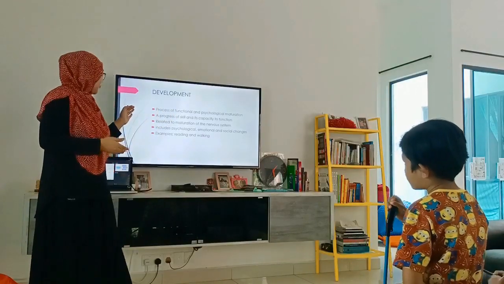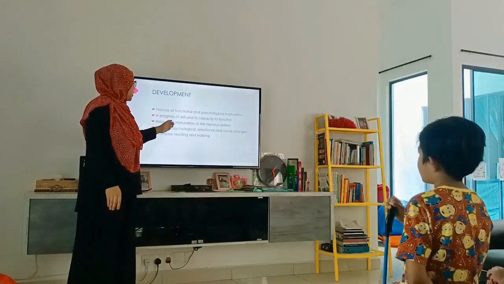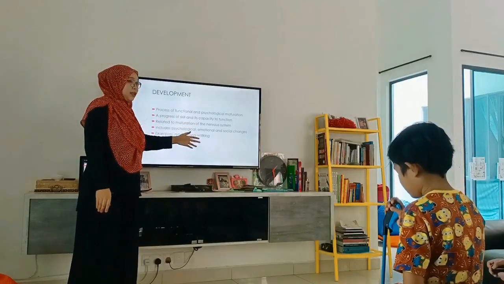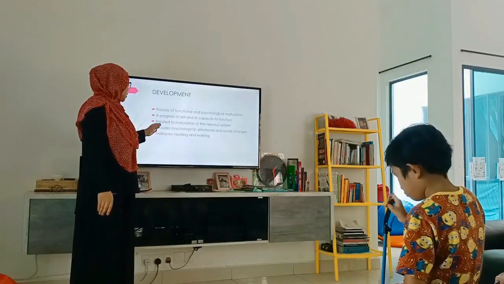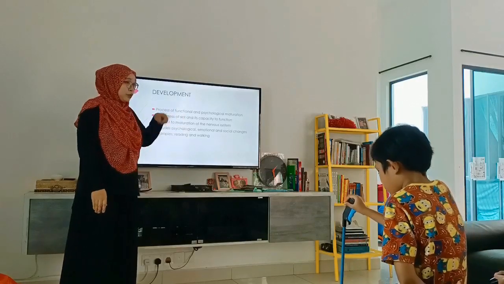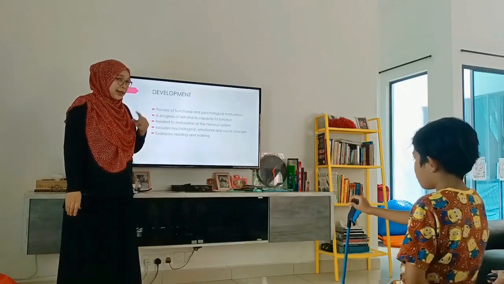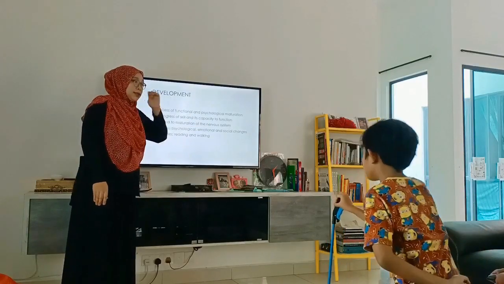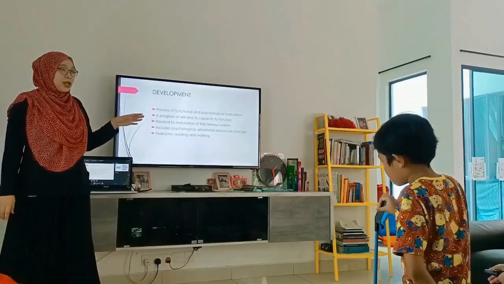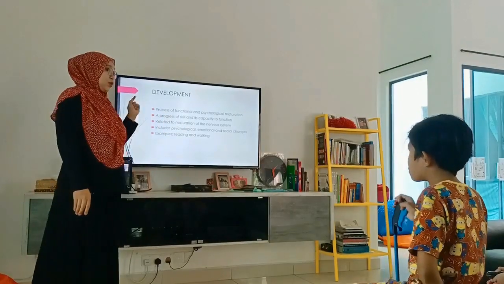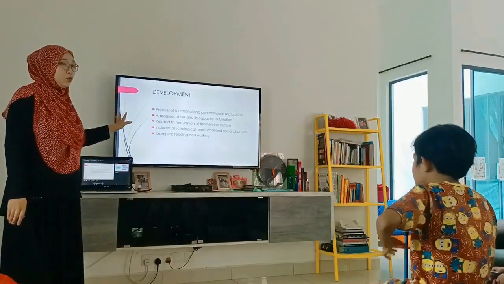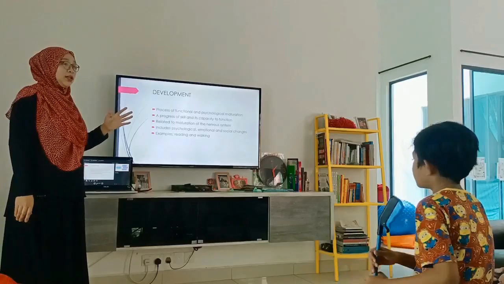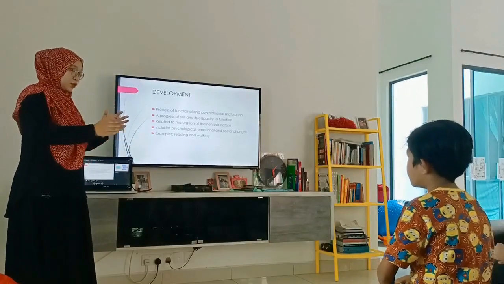It is related to maturation of the nervous system, and includes psychological, emotional, and also social changes. For example, talking and walking. You can see the baby can start walking from age 1 year old. But today there are no walking babies because we are going to learn only from 1 to 3 months old.